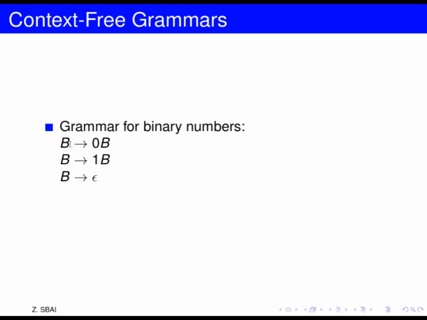Let's say, for example, that a binary number is represented by the letter B here, and we will say that B can be substituted by 0 followed by another binary number B, or else any number that is binary can be substituted by a sequence of 1 followed by B. Also, B may be substituted by epsilon, the empty string. Okay, this is a grammar for binary numbers. We'll show now how it works.